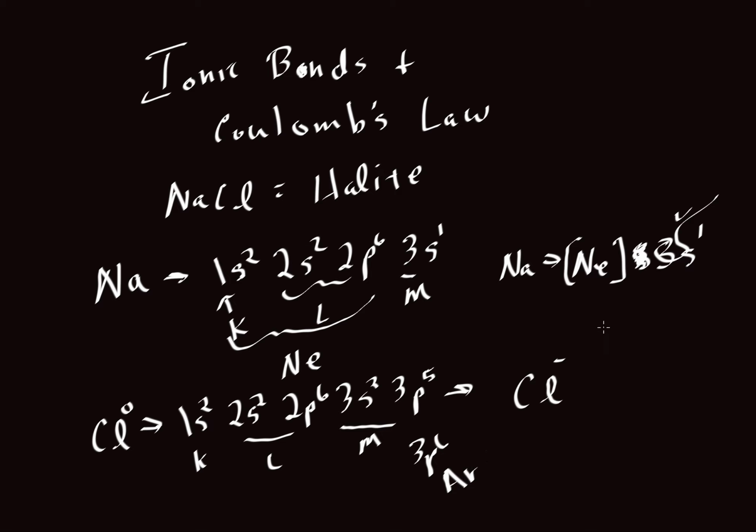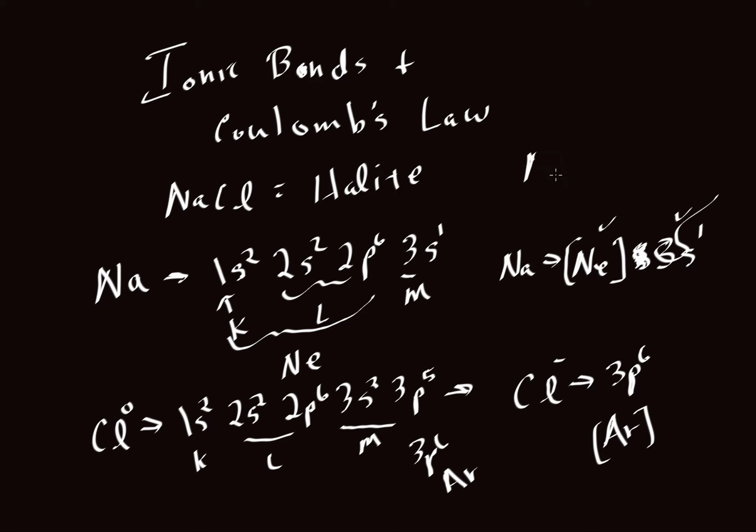And so it's a simple matter for them to trade. If chlorine can grab onto the electron that sodium doesn't want, then chlorine would have a filled 3p orbital, giving it an argon-like structure, and sodium, getting rid of that 3s1, would have a neon-like structure.